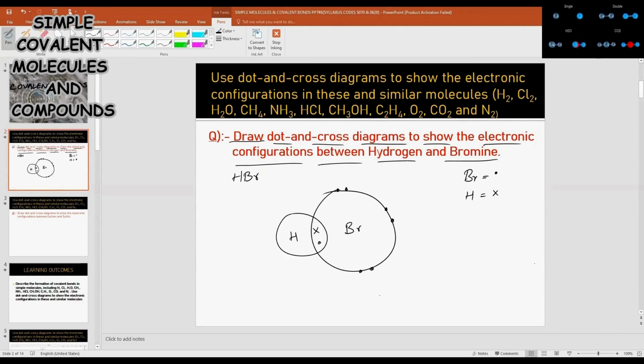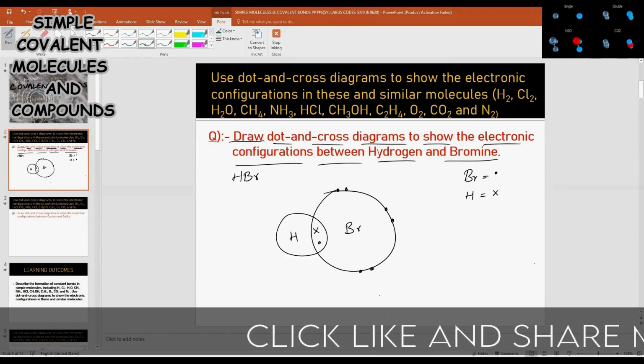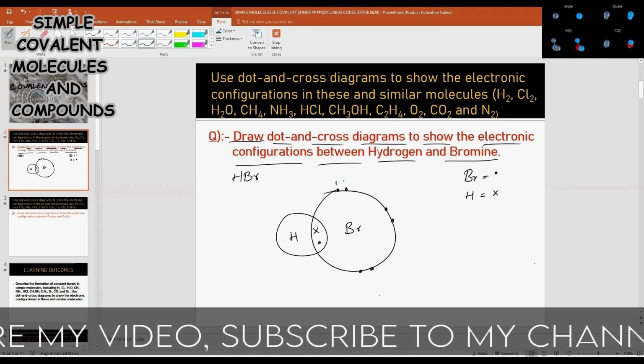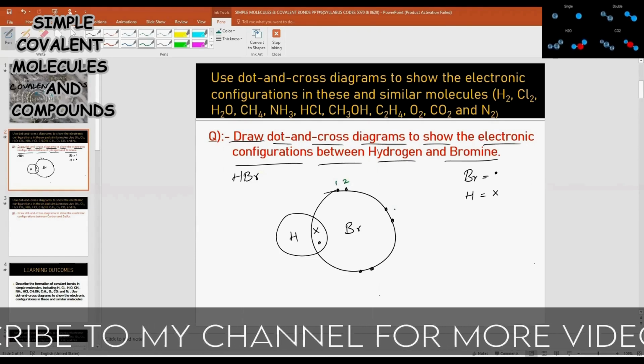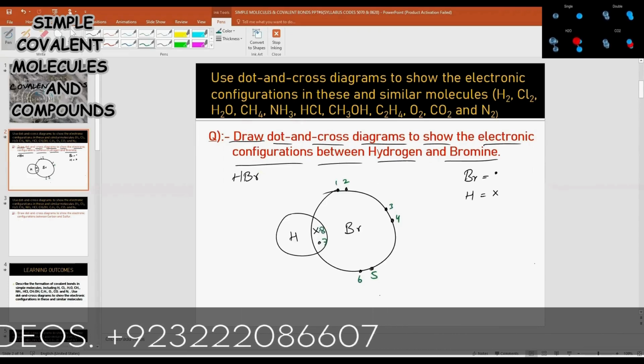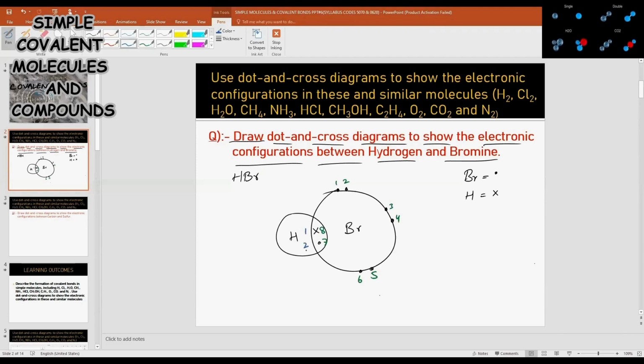Bromine got 7 electrons, as it belongs to group 7. So it has shared 1 of its electrons with 1 electron from hydrogen. Let's count the electrons for bromine: 1, 2, 3, 4, 5, 6, 7, 8. And hydrogen needs 1 electron to complete its valence shell. This one belongs to hydrogen and this one is coming from bromine. So it has also completed its valence shell.